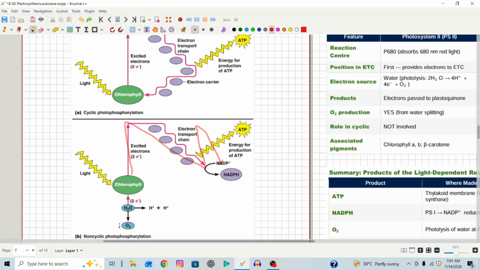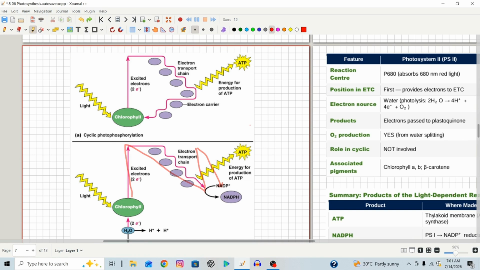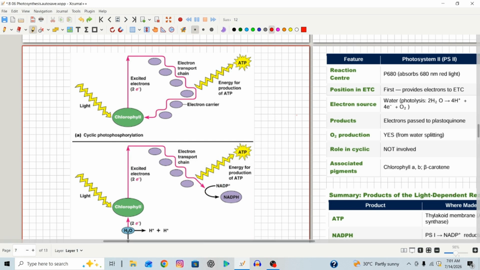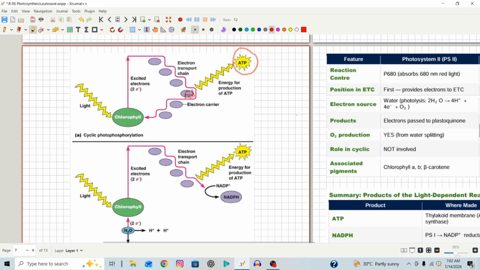After NADPH, the reaction actually stops, but there is another process, cyclic photophosphorylation. In that process, NADPH is not made. When you need a high amount of ATP, after the electrons are accepted by ferredoxin, the ferredoxin uses those electrons and goes back to the photosystem, and it starts a cyclic chain reaction that keeps going in a cycle, and ATP keeps being produced again and again.